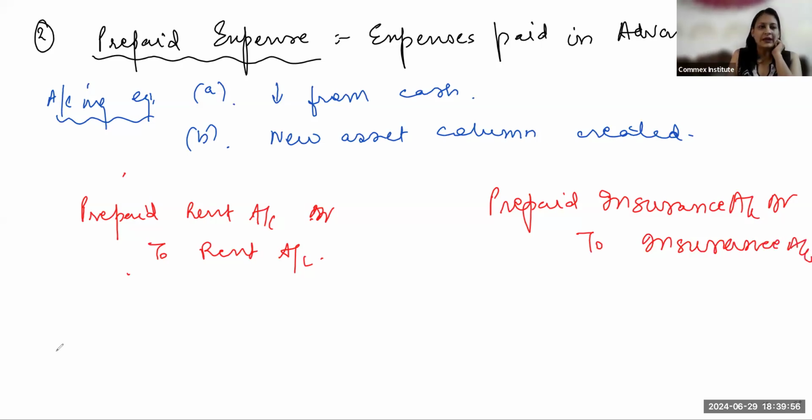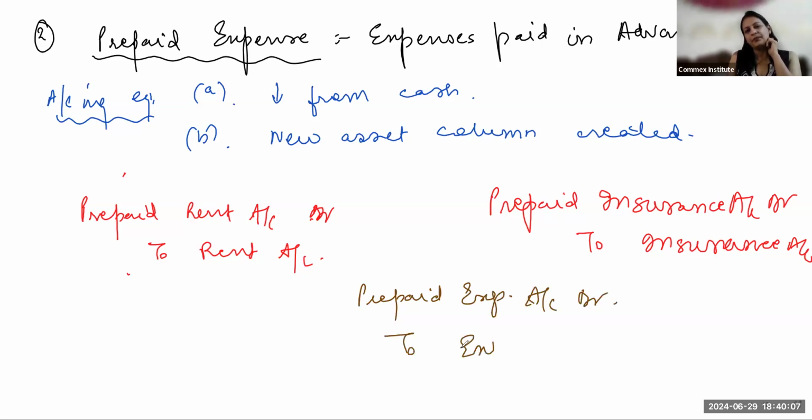So basically in general, the entry would be prepaid expense account debit to expense. Right, Isha? Why? Because assets are debited. So if a new asset is being created, that means as far as the journal entry is concerned, we know the rule, asset will be debited. Is it clear, Isha?